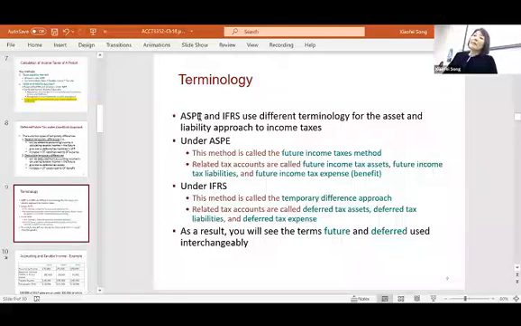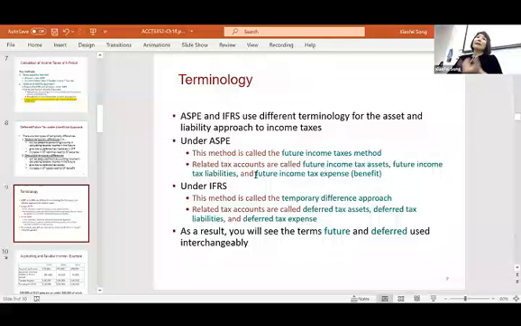The same method, the asset liability method used under ASPE, is called the future income tax method. And this one gives rise to assets and liabilities, which will be called future income tax assets and future income tax liability.